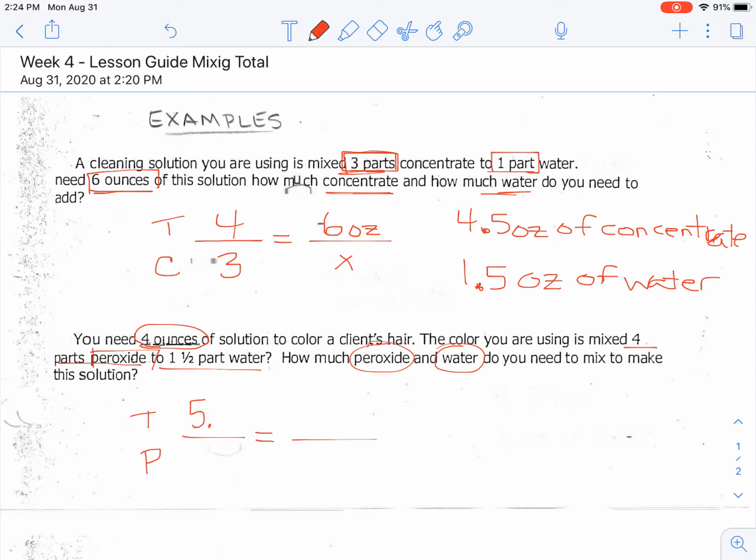4 are coming from peroxide. And we know that we need a total of 4 ounces. We cross multiply, 4 times 4 divided by 5.5, and that tells us that we need 2.9 ounces of, in this case it's peroxide.